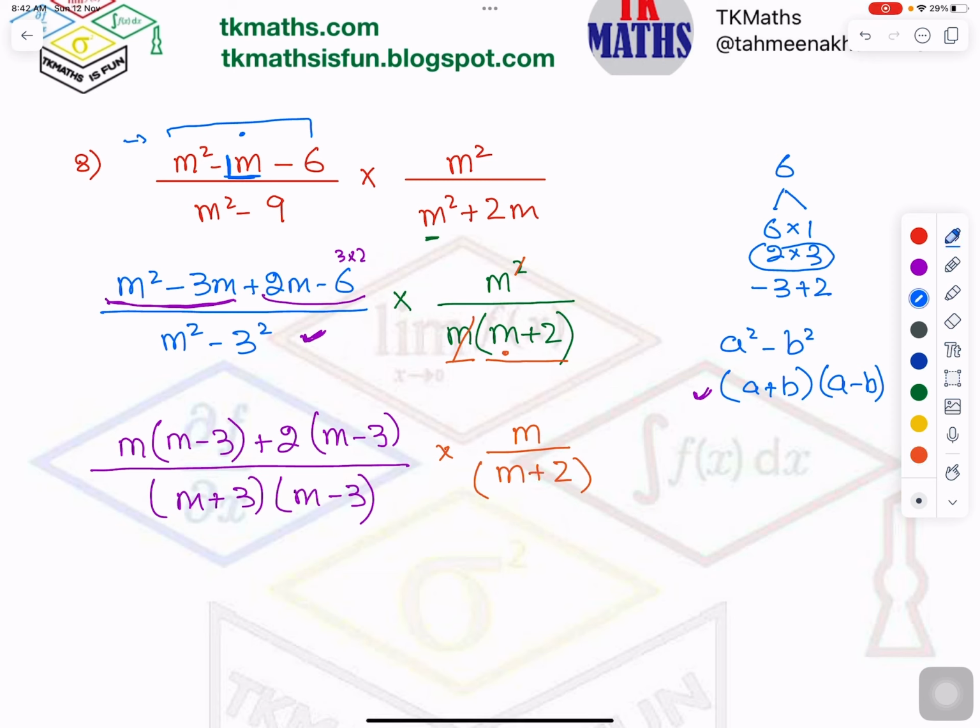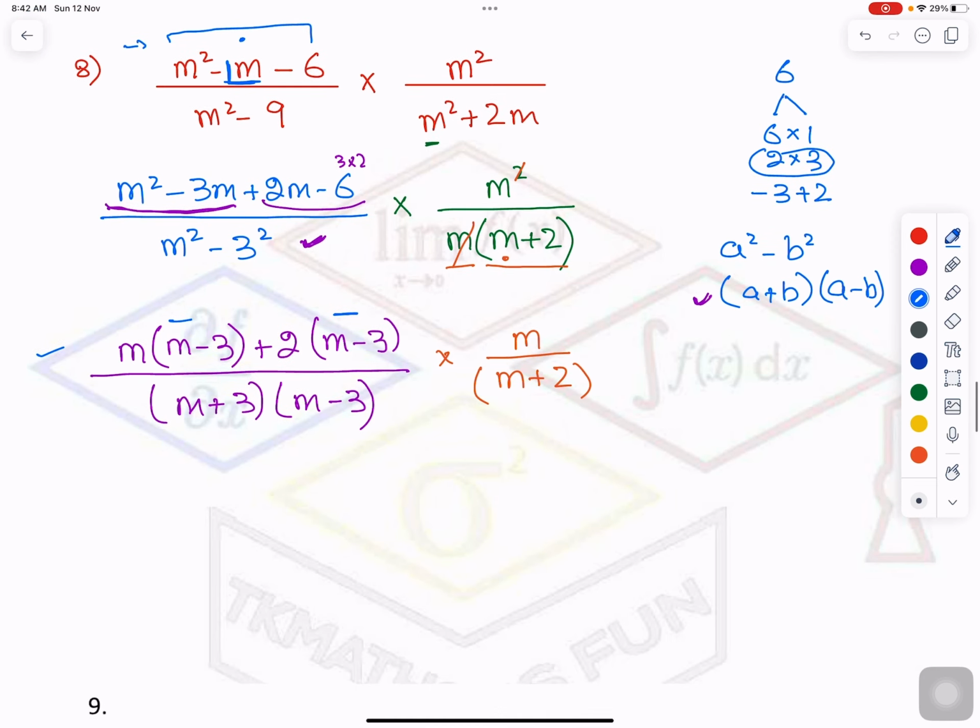Now in the numerator again, I see m minus 3 is a common factor, so I can write here m minus 3 common out. So what is left from here? M and plus 2. This will go in the other bracket. The denominator I will write as it is.